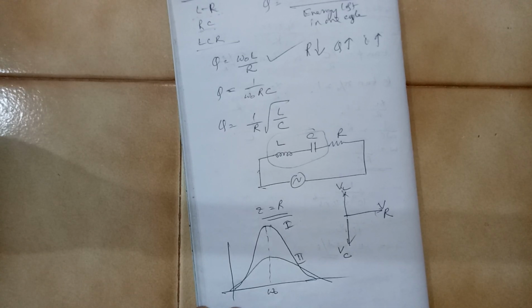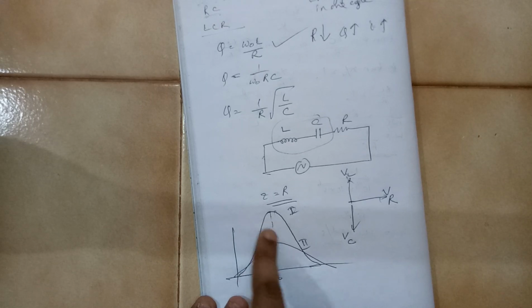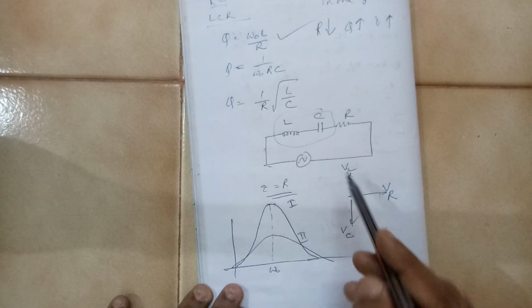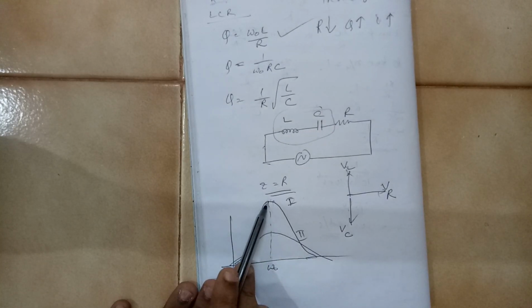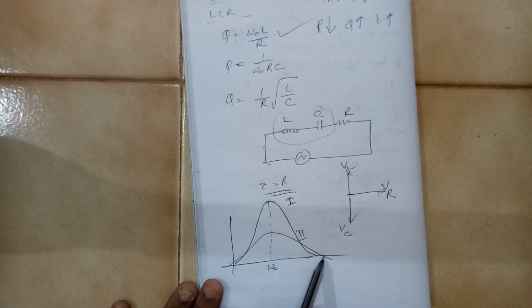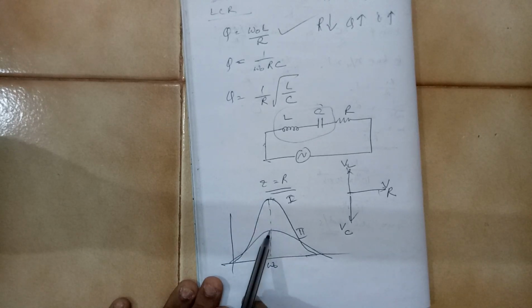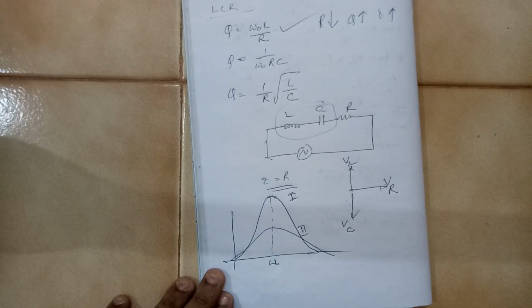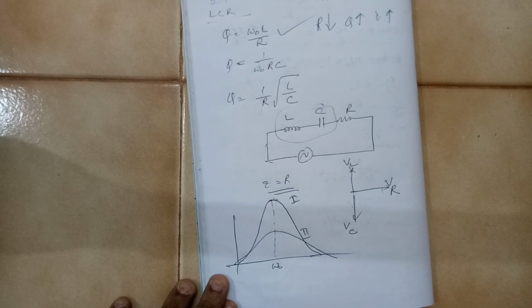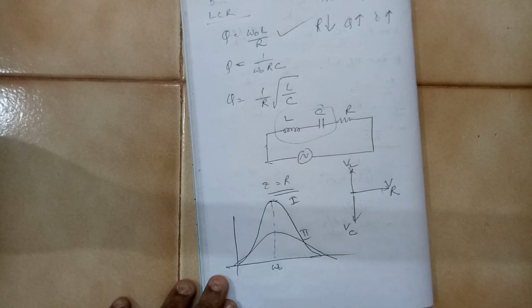Also, if you observe here, suppose you are trying to tune it. Right after reaching its peak, this curve starts to fall down, whereas here it is a gradual fall. It is a sudden fall and a gradual fall. If you are trying to tune it, it's like a transistor which you are trying to tune.